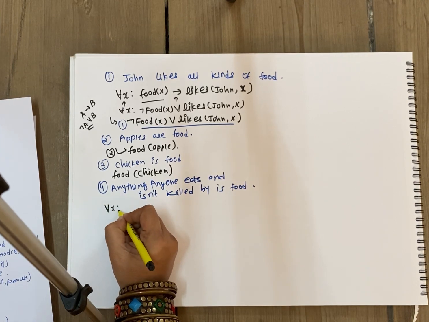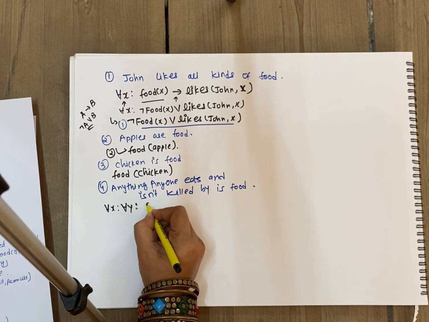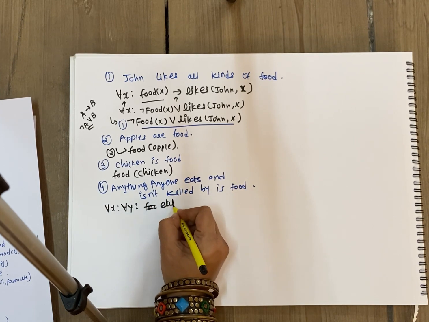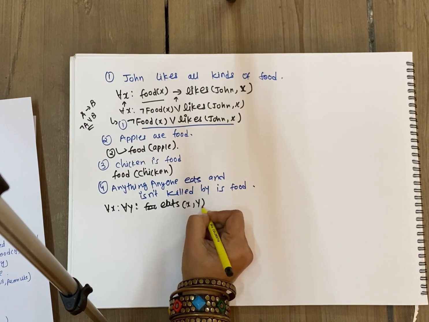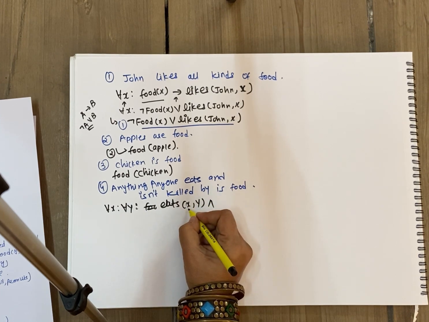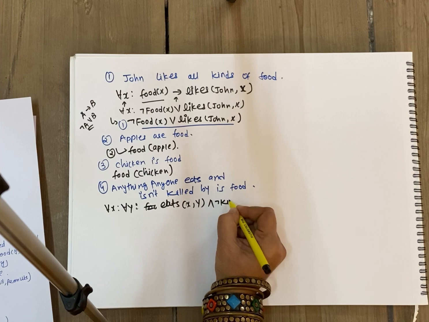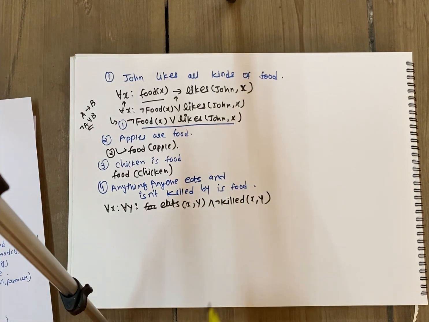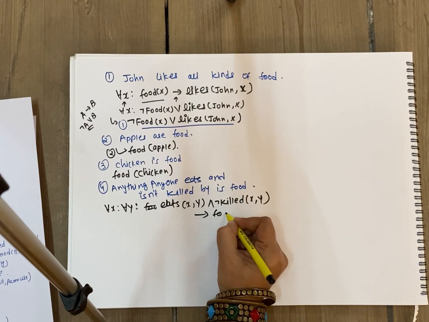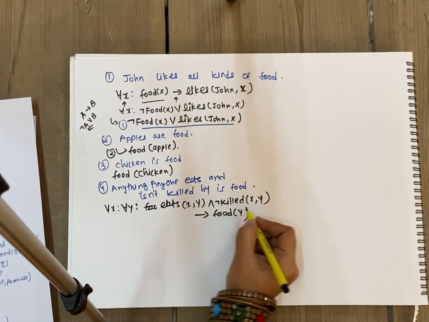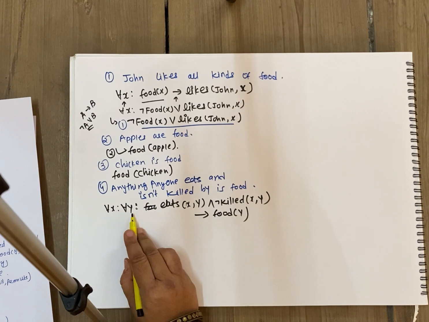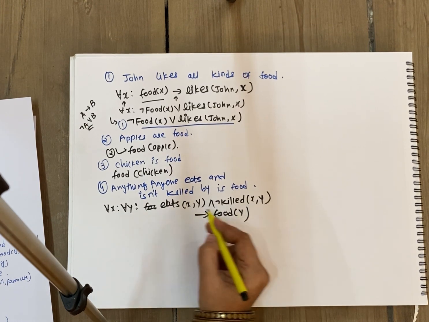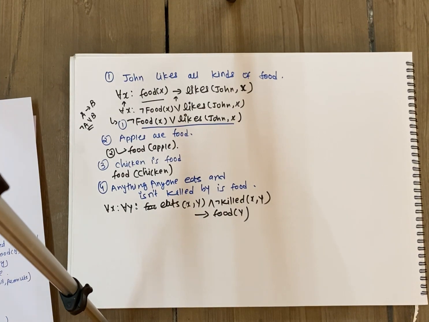So for all x, for all y, if x is eating y, that means eats x comma y, and x is not killed by eating y, then it implies food y. Are you getting this? We have already done this. For all x, for all y, x is eating y and x is not killed by eating y, then food y can be called as food.